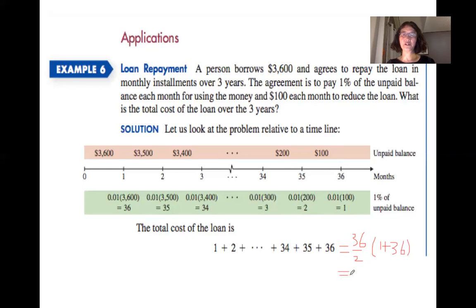So equal to 18 multiplied by 37. That is the total cost. Let me use my calculator: 18 multiplied by 37, I get 666.